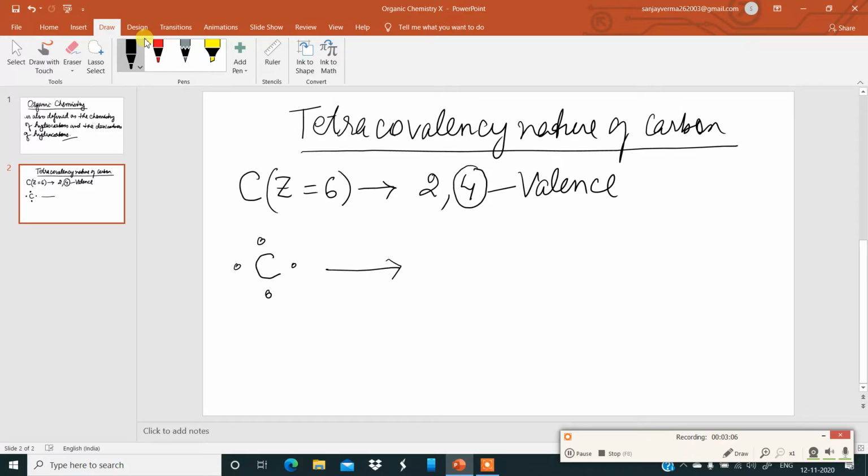If I bring 4 hydrogen atoms this way and put one carbon in the center with its 4 electrons, then these electron pairs can be shared.